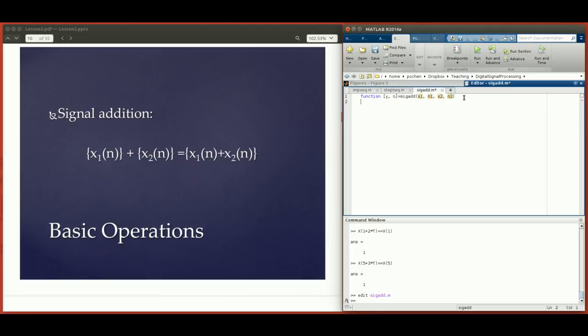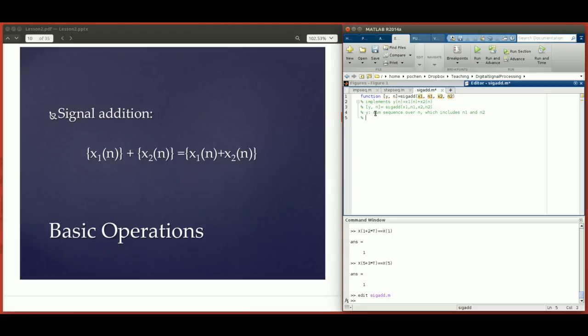Again, let's write some comments. It implements y(n) equals x1(n) plus x2(n). y(n) equal to sig_add(x1, n1, x2, n2). And then y is going to be the sum sequence over n, which should include both n1 and n2.